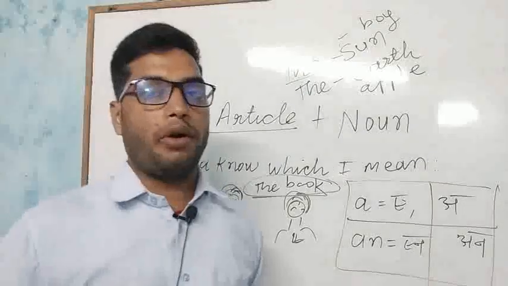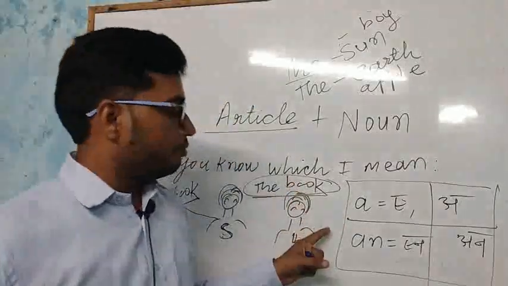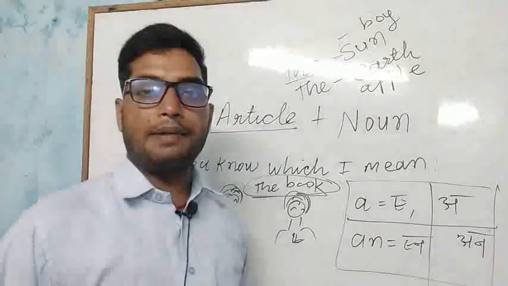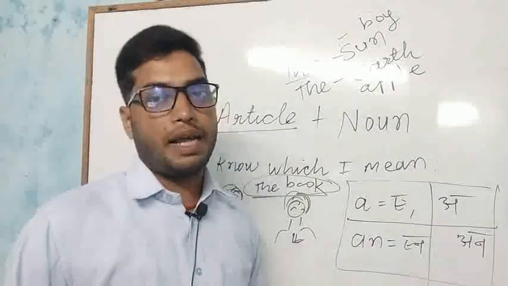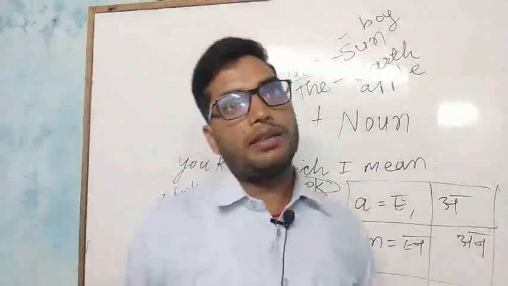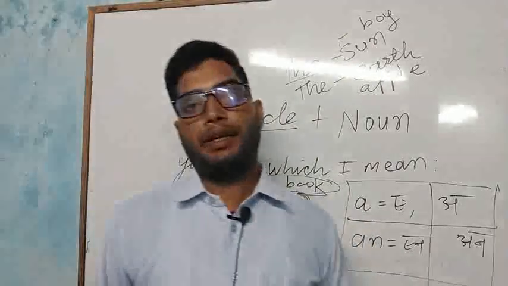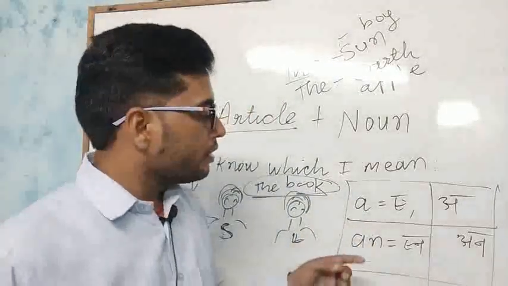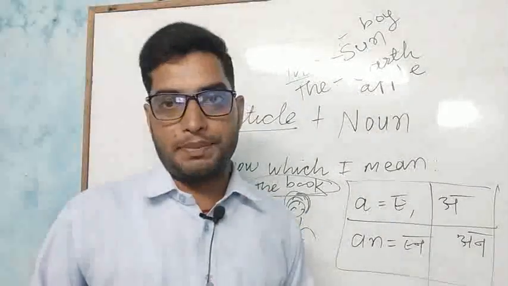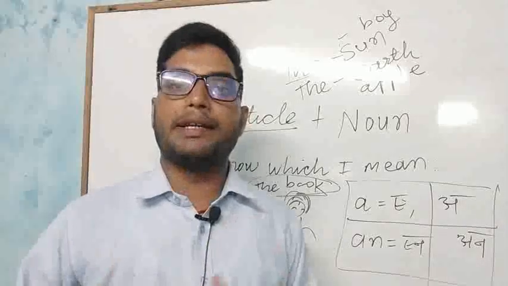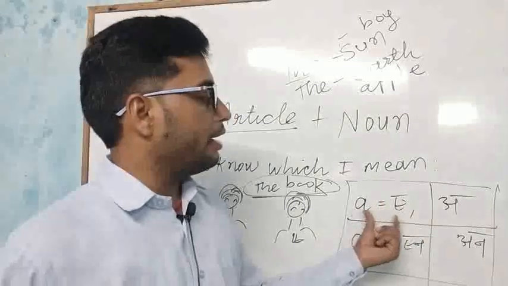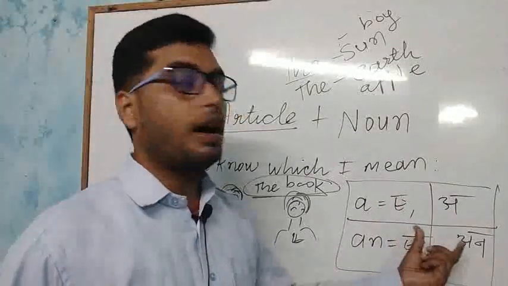I have seen a boy, right? But in using an, I have eaten an apple, right? An engineer came to me today in the evening. So when we use it in our speech, in talking, in communicating, we say a and an.